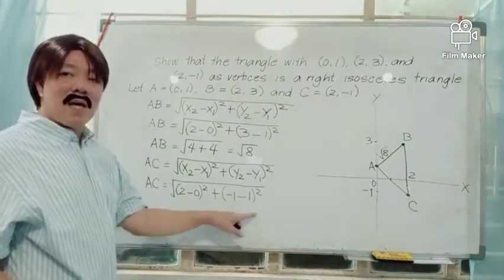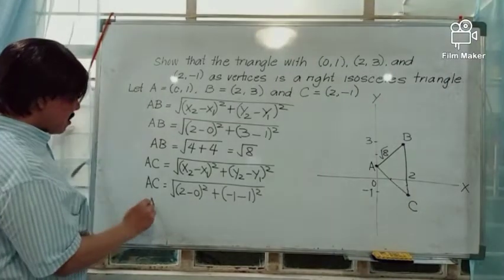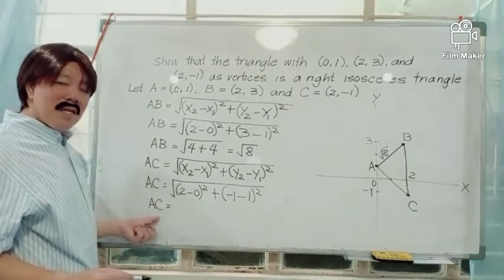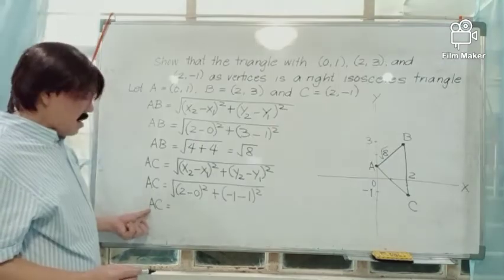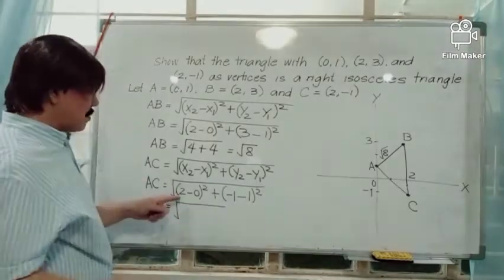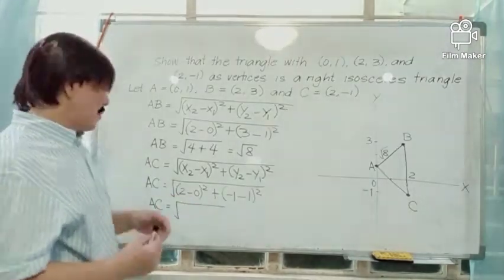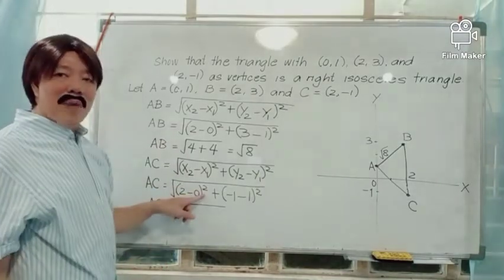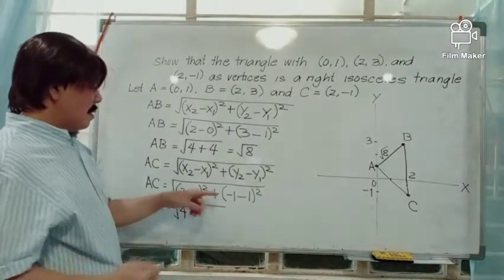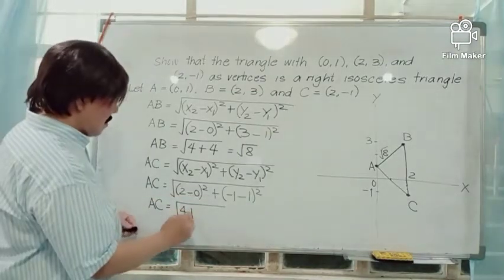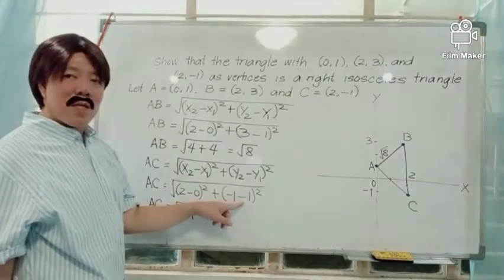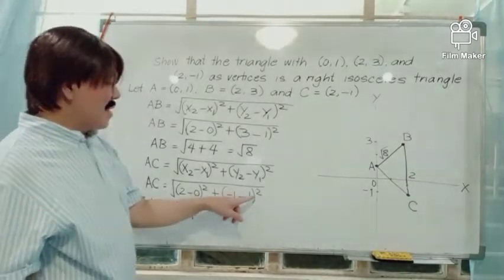To simplify the right side, this is the length of the side of the triangle through the vertices A and C. We have the principal root of 2 minus 0 is 2, raised to the power 2 is 4, plus negative 1 minus 1 is negative 2, squared.